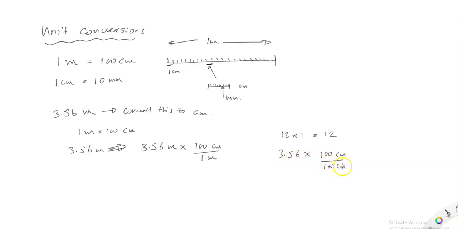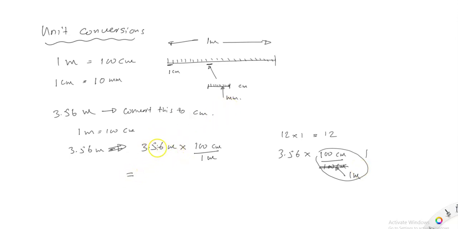Instead of saying 100 centimeters, I'm going to replace that with 1 meter. Still the same, right? You multiply with 100 centimeters, you divide with 1 meter, and this whole thing is just 1. So I'm not changing the number, it's still 3.56. The only thing that happens here is the units are changing.